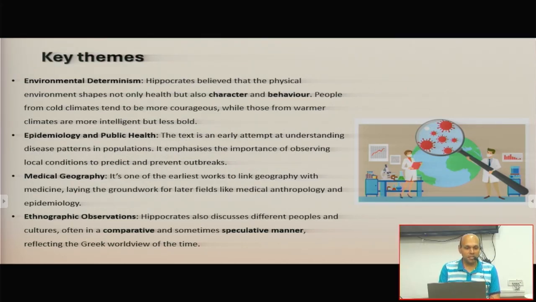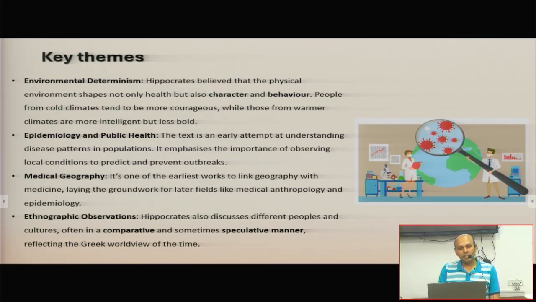The second one is epidemiology and public health. The text is an early attempt at understanding disease patterns in populations. We all know that if you have a strain spreading in a community, then you need to monitor how it's spreading and where it's spreading, and you need to make sure you have measures to combat that.